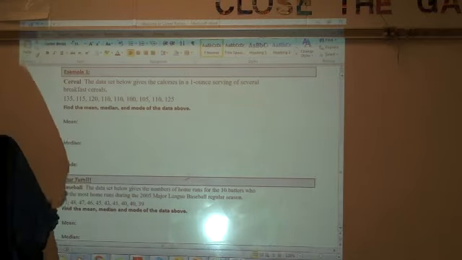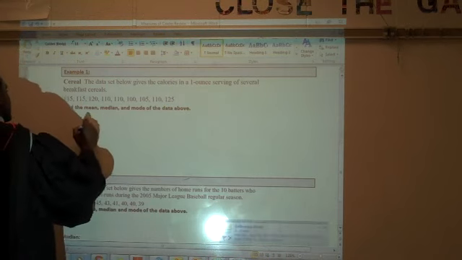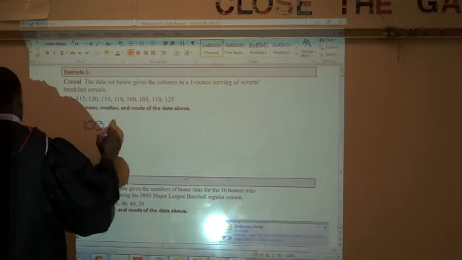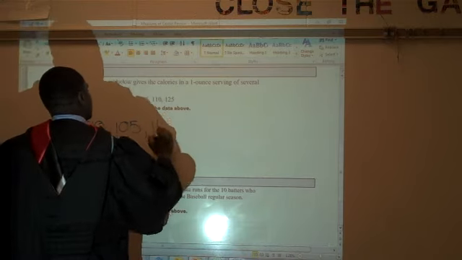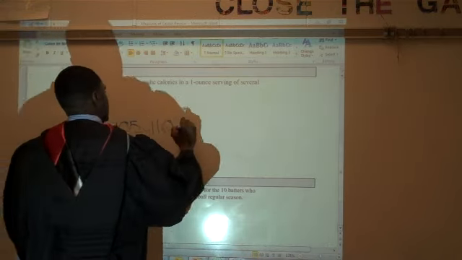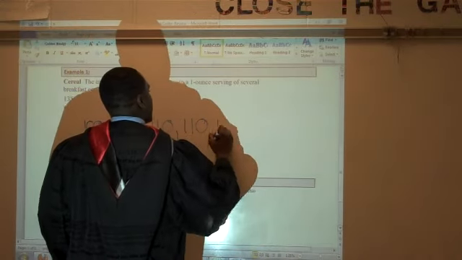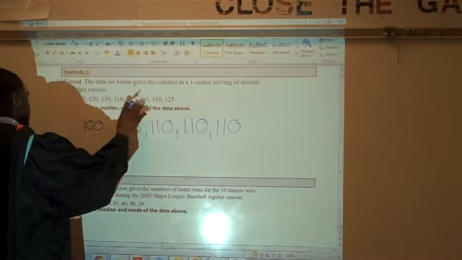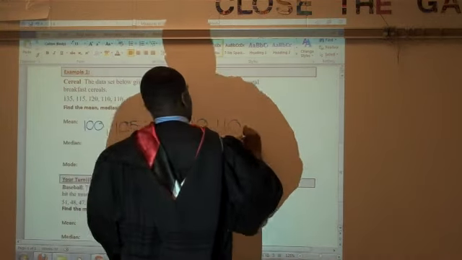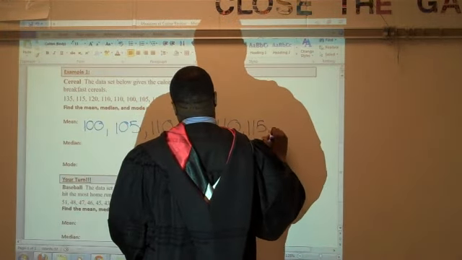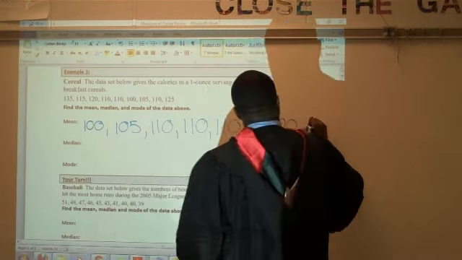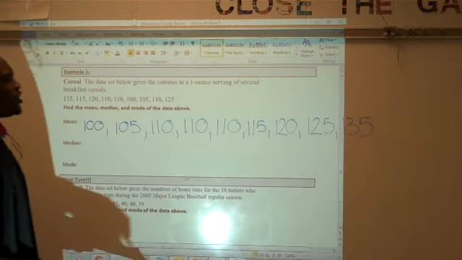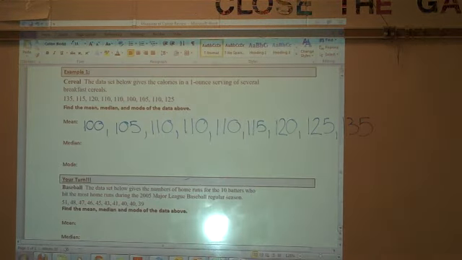So I have 100, 105, there's 3 of these 110s, let's see. Line those up. 115, 120, 125. Those are all my numbers aligned from least to greatest.